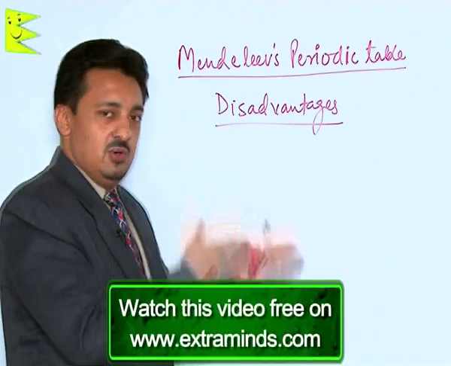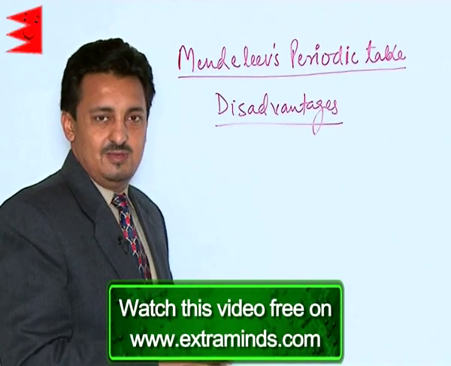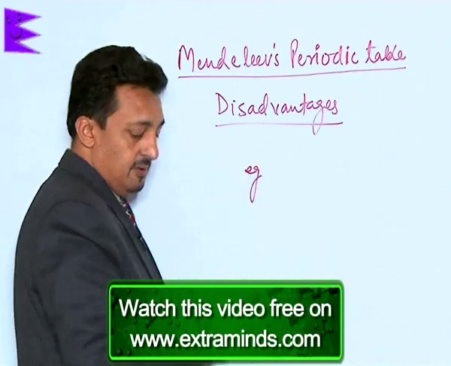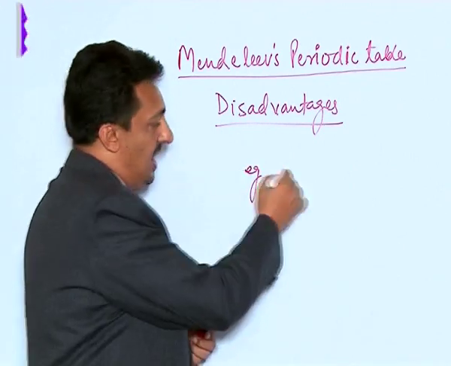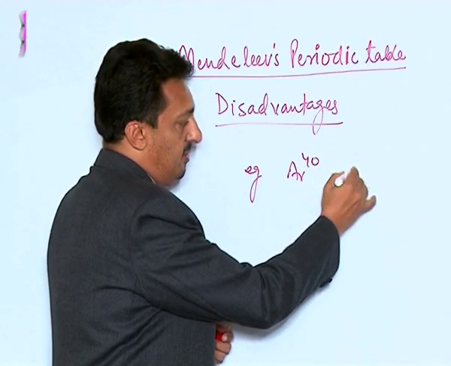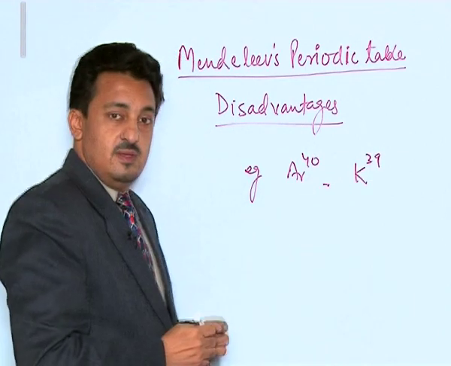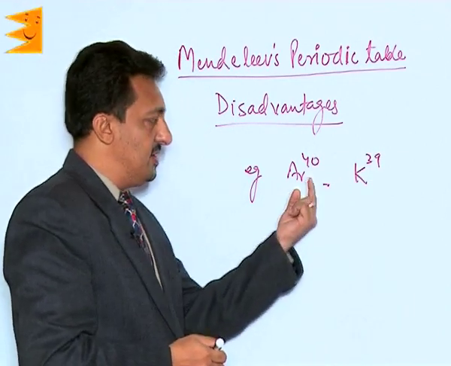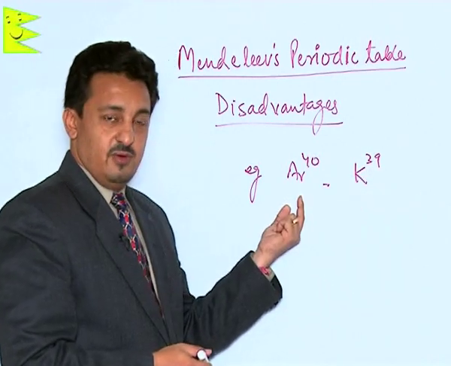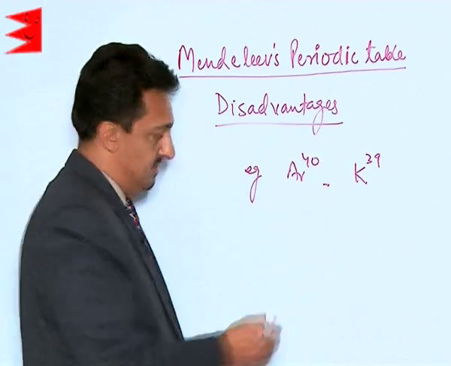But on his own, he placed elements with higher atomic masses before elements with lower atomic masses. For example, we all know that he placed argon 40 before potassium 39. Argon 40 should come after potassium, but he placed it before because its properties were similar to the other group.